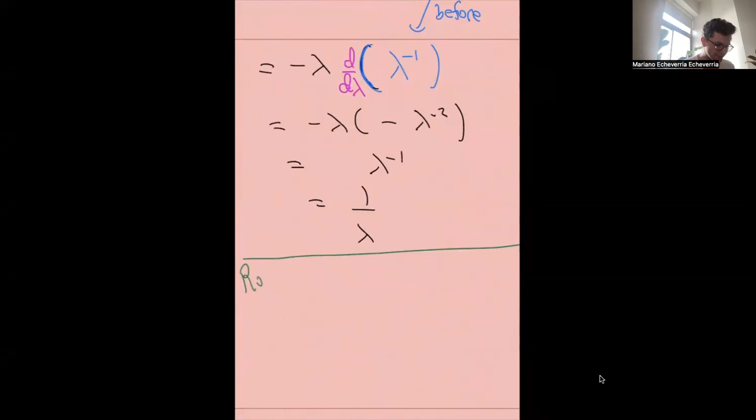So I can make it as a remark. If you take the sum of pi times xi and you change pi with mi, this is related to the center of mass.